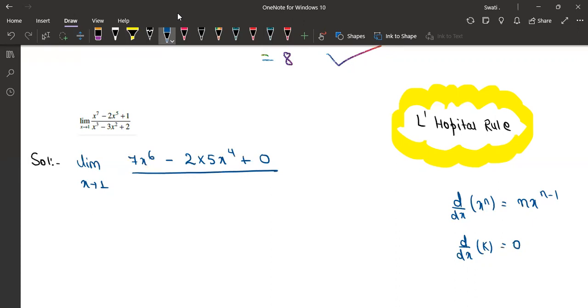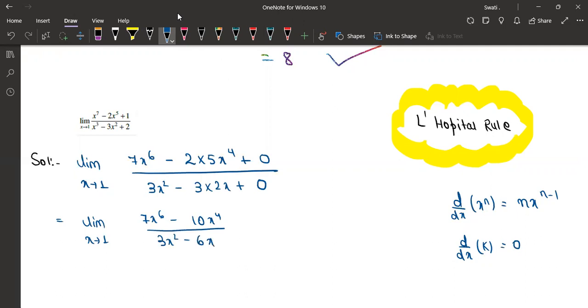Upon, here x cube will become 3x square, minus, this will become 3, x square derivative is 2x, plus again the derivative of 2 is 0. Now this will become limit x tends to 1, 7x raised to 6 minus 2 times 5, 10x raised to 4, upon 3x square minus 6x.